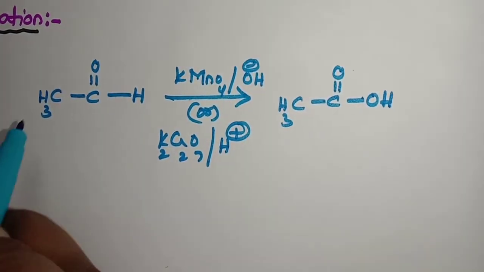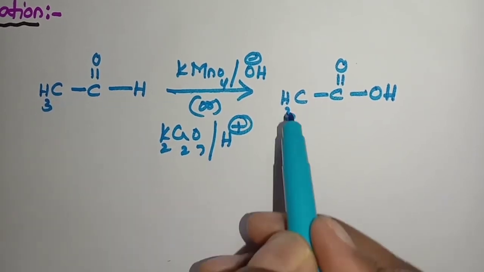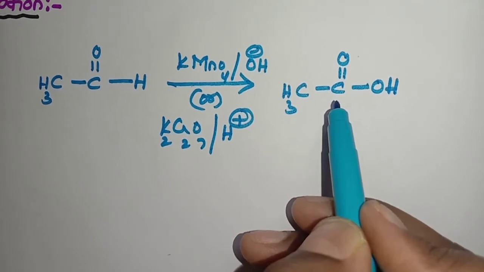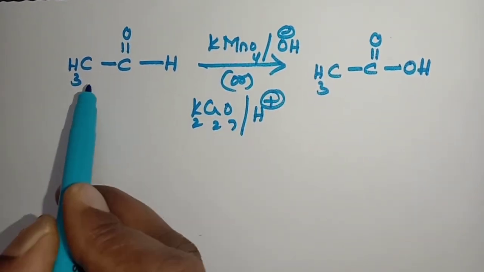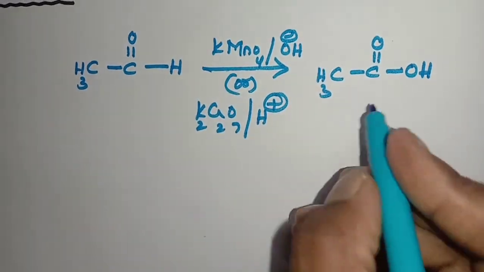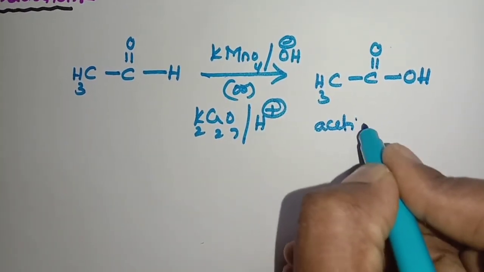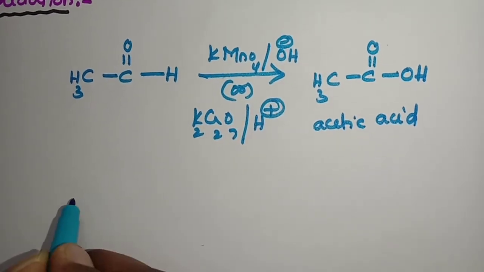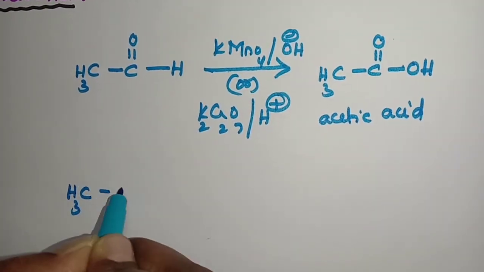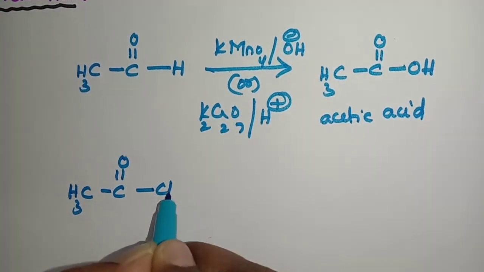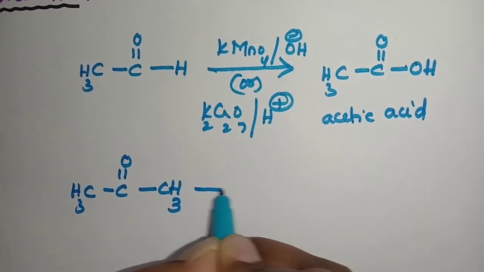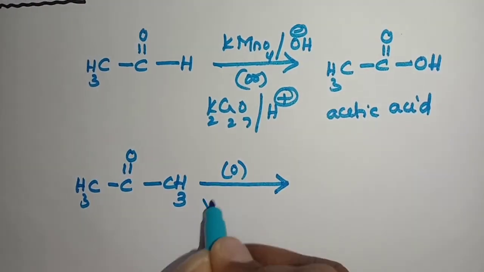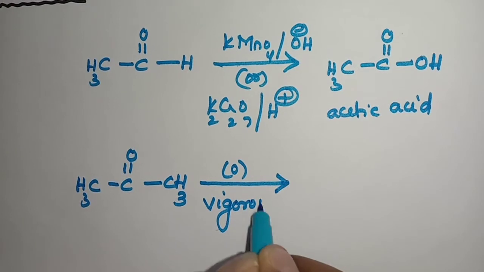So count the number of carbons here. 1, 2, and the carboxylic acid formed also has 2 carbon atoms. So note down one point here. Aldehydes on oxidation produce carboxylic acids having same number of carbon atoms. Okay. Whereas ketones, they do not undergo oxidation easily like aldehydes, but they undergo oxidation under vigorous conditions.